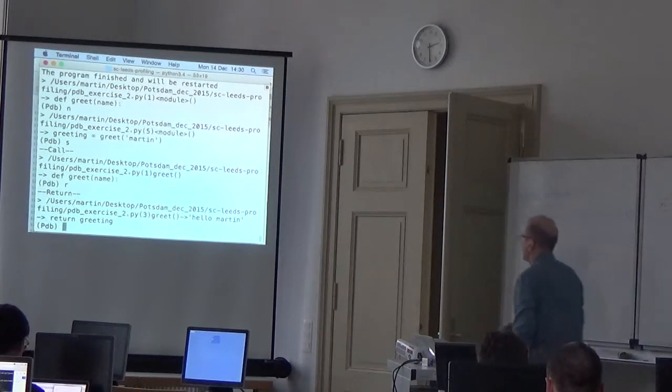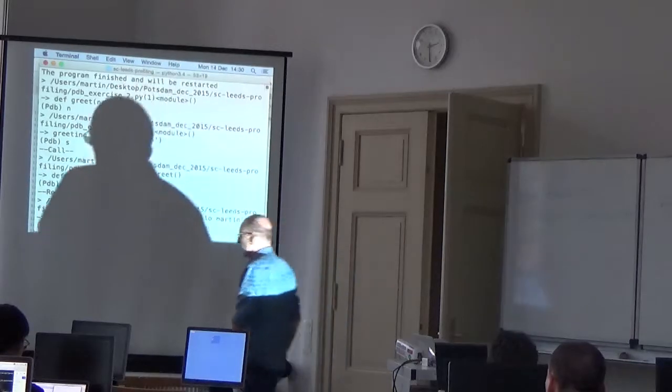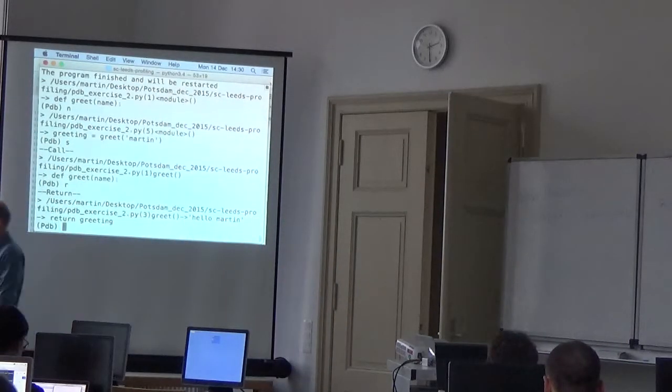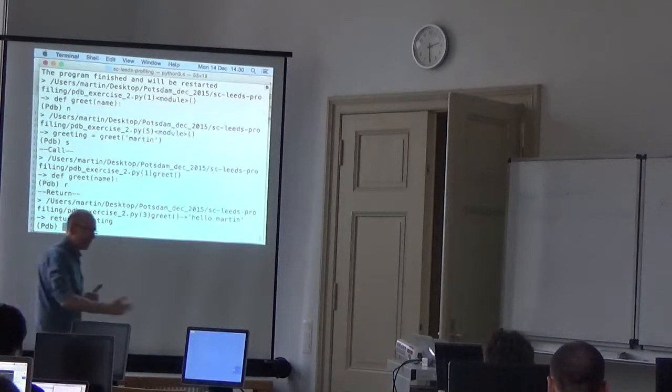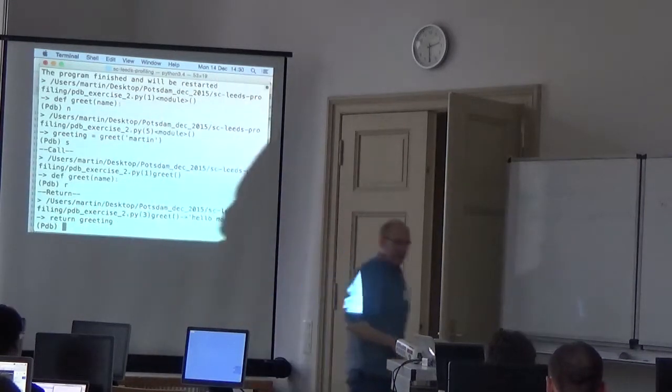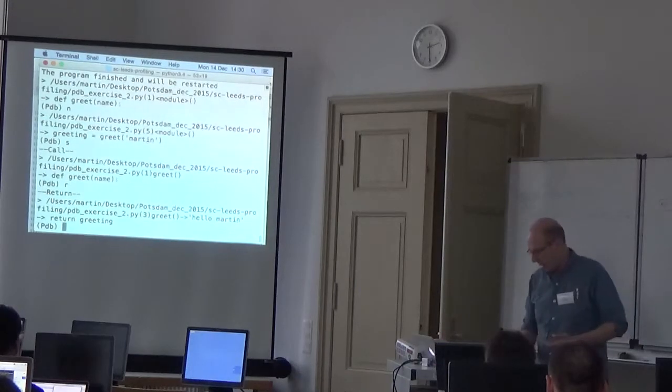So what the r command does, instead of having to step through each individual line of the function, it takes us straight to the very end of the function, executing all of its content, and then drops us back into the main program.